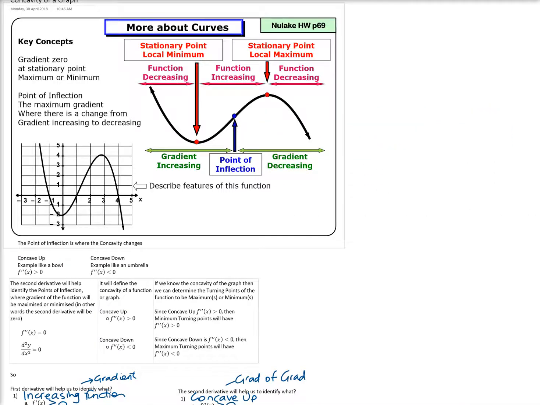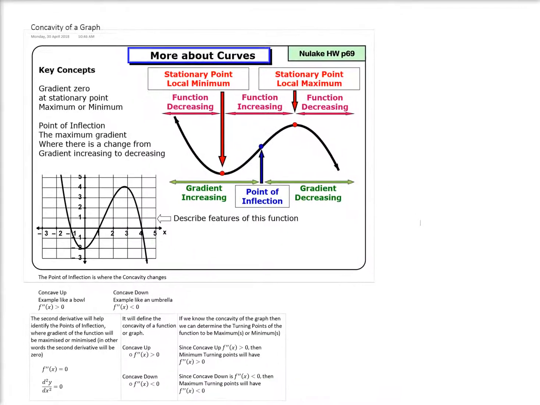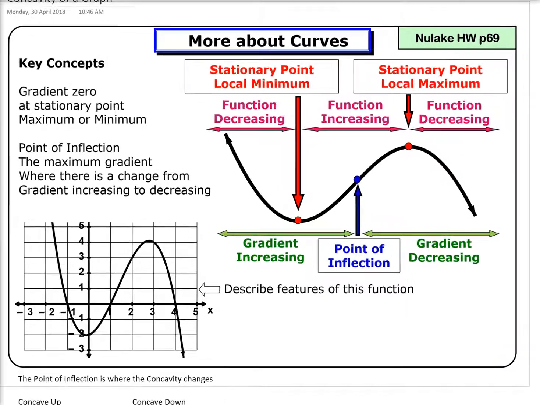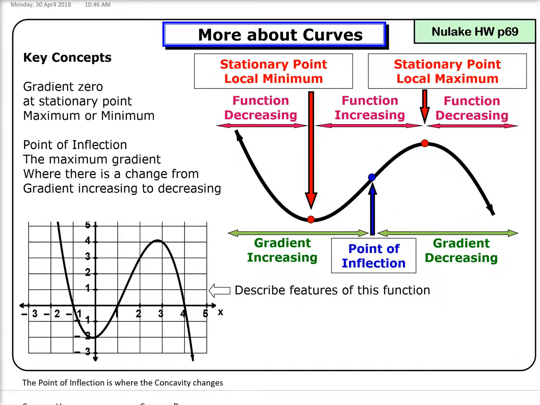The last one I wanted to look at was this idea about the concavity of a graph. You should be able to remember that from last year. Here is our function, this black line over here. Here is a local minimum, there's a local maximum. The function is decreasing from here to here. It's actually increasing from there to there, and it decreases beyond there again.